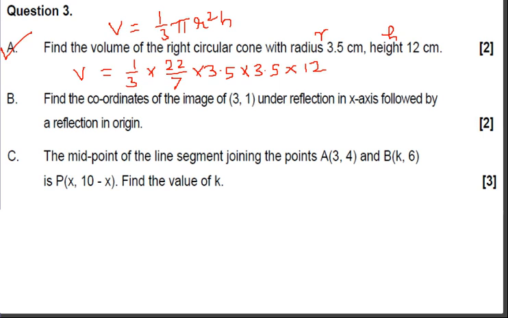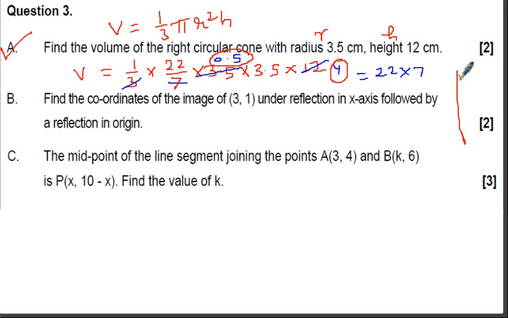Now you can do cancellation wherever possible. 3 is cancelling 12, giving 4, and 7 is cancelling 3.5, giving 0.5. Now when you multiply them, 4 into 0.5 is 2, and 22 into 7. What I did, I multiplied 4 and 0.5, but you do the calculation, please.